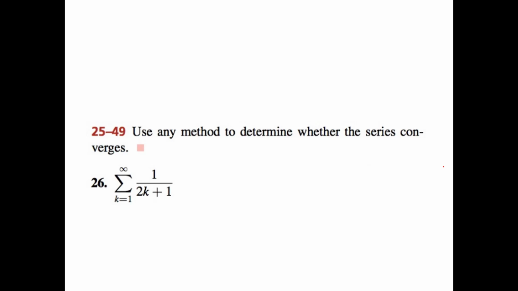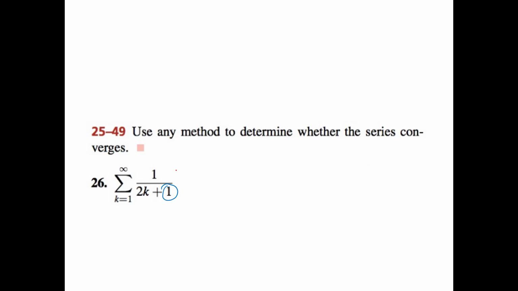And so again, if you ignore the 1, if you ignore this 1 right here, you'll have 1 over 2 to the k, which is just a half times 1 over k, and then that's a constant times the harmonic series.